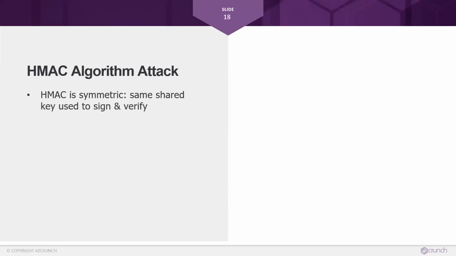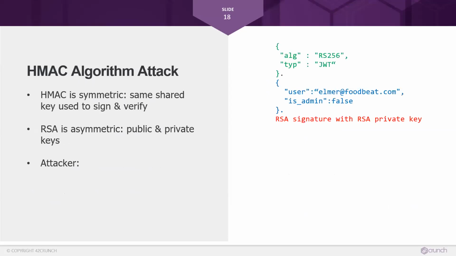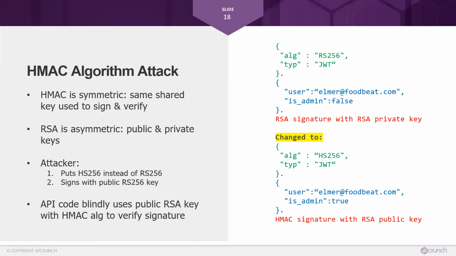Then we've got the HMAC algorithm attack. So what's happening there? You are going to use an asymmetric signature to protect your JWT token, meaning that you've got your token, you've got this user is-admin field to be protected, you sign it using your private key, and then you pass the public key in your JWT token.